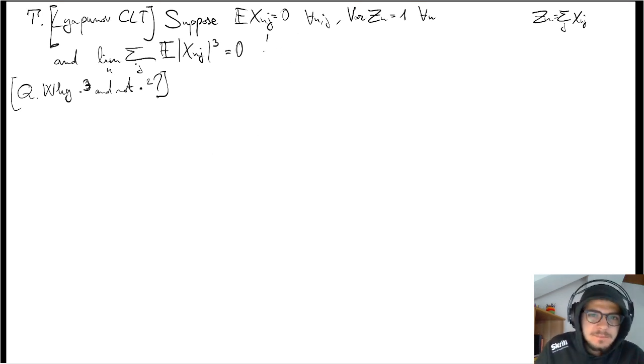Then the conclusion of the theorem is that Z_n converges in distribution to a random variable Z, which is standard normal.